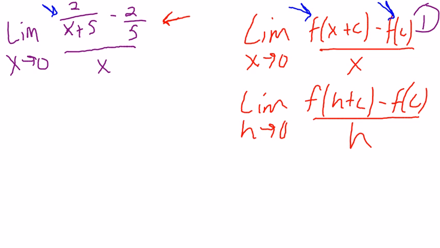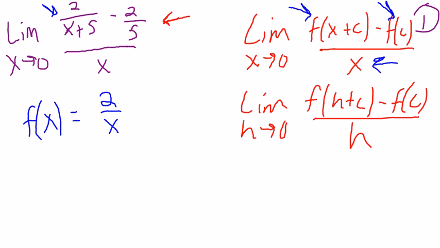My c value here is 5, but it appears to be either 2 or 5 based on what I have here. And then the x on the bottom lines up with that. So what you do here is, my f of x, you need to be able to identify that as being 2 over x.